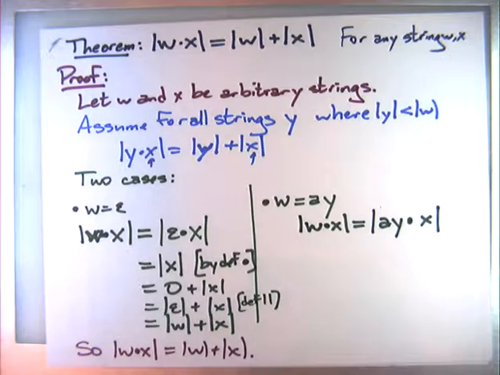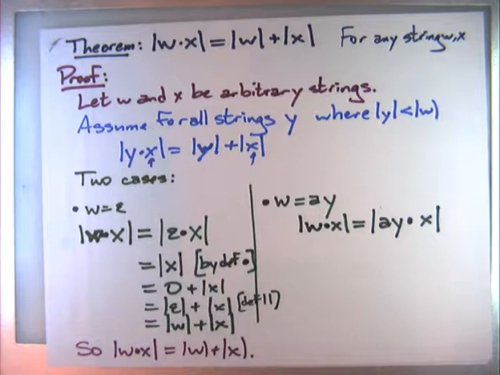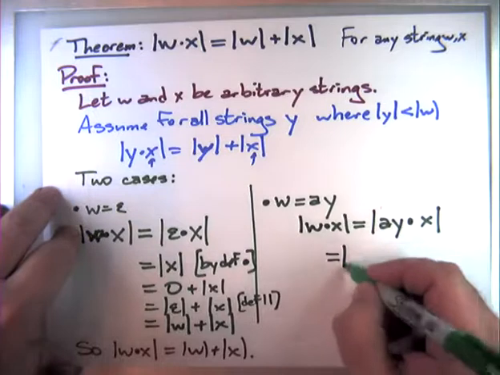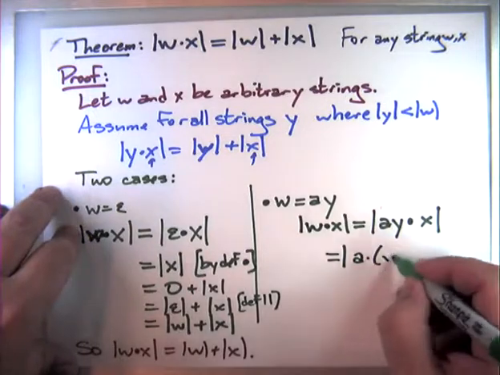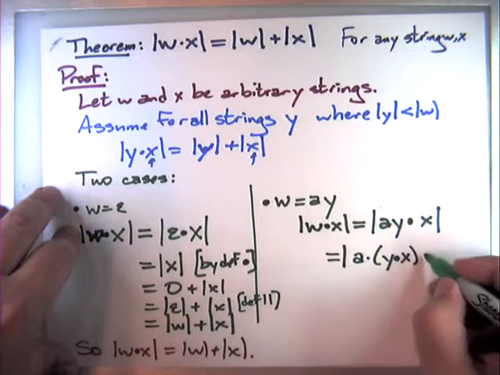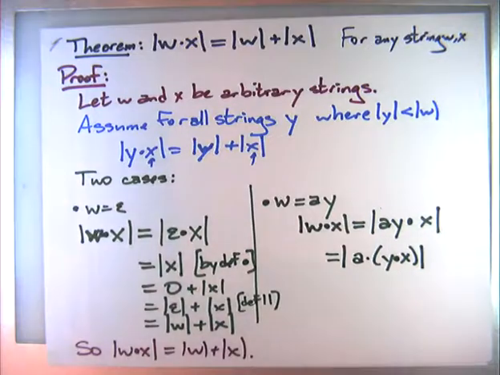At this point, what can I conclude about the length of a.y.x? What does the definition of dot tell me this is? Okay? Now, what's next?